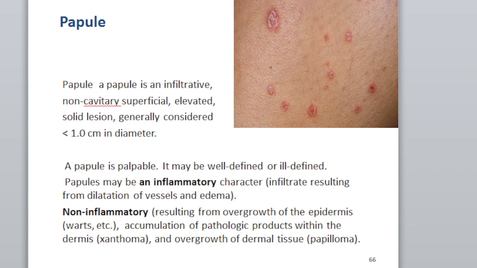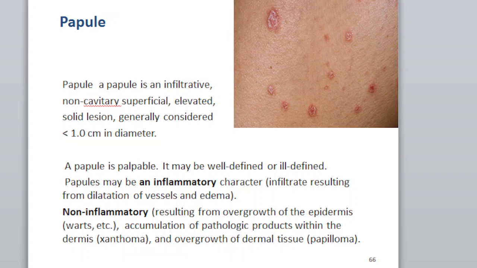Papule. A papule is an infiltrative, non-cavitary, superficial, elevated, solid lesion, generally considered less than 1.0 centimeters in diameter. A papule is palpable. It may be well-defined or ill-defined.